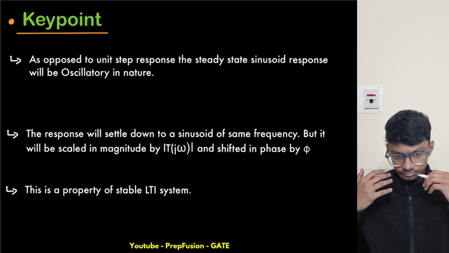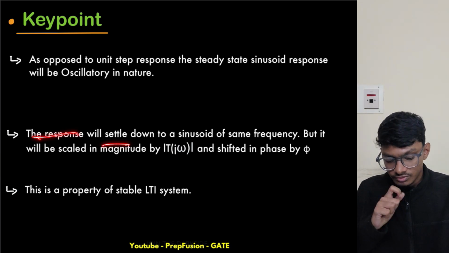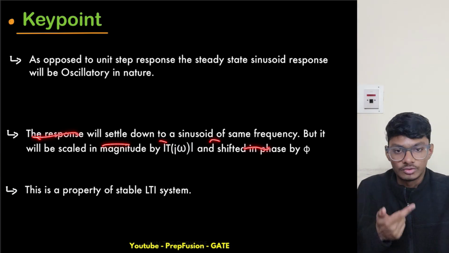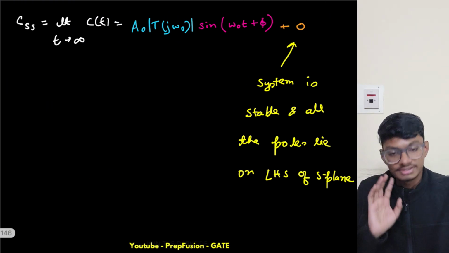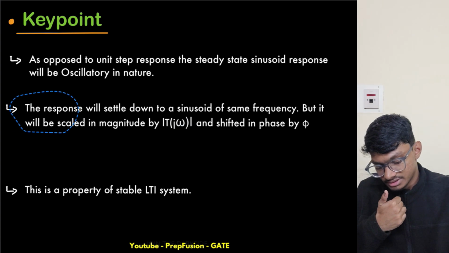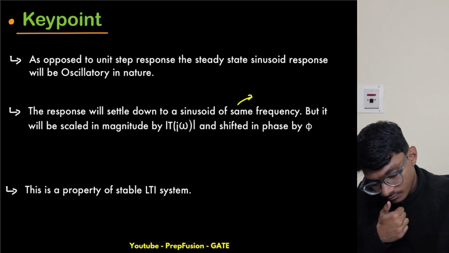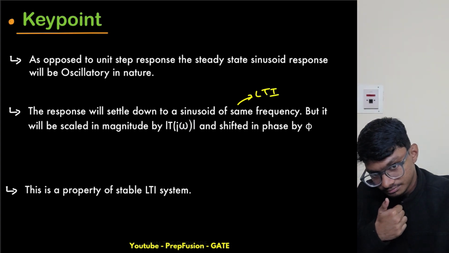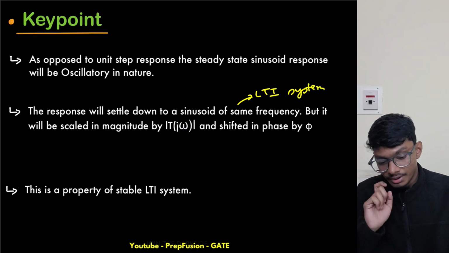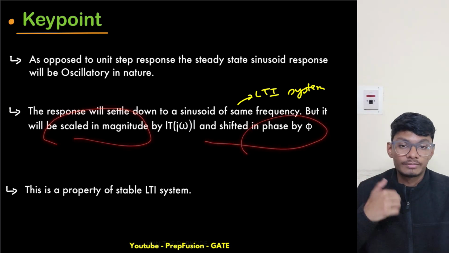Okay, so this is the key point: the response will settle down to a sinusoid of the same frequency. Like we got to know, as the system is LTI, it will settle down to a sinusoid of the same frequency. So I should write this as LTI system. The system is LTI, hence this will happen. Obviously there will be some scaling in magnitude and it will be shifted by phase phi.